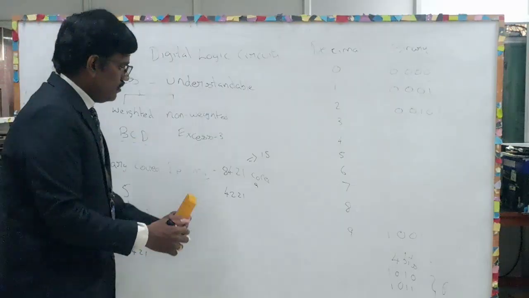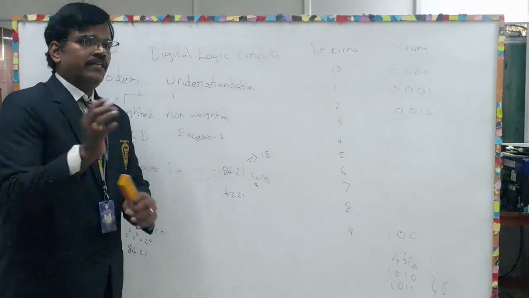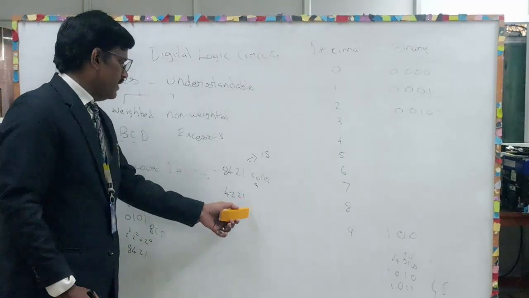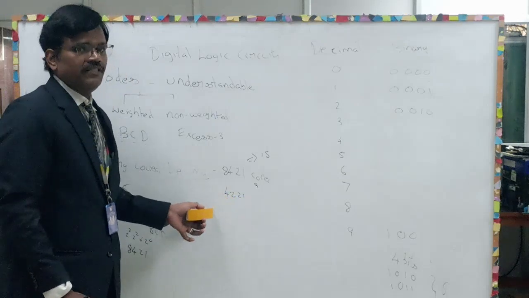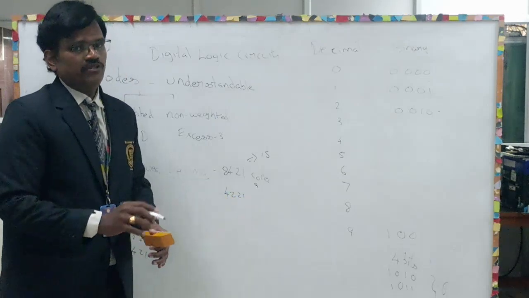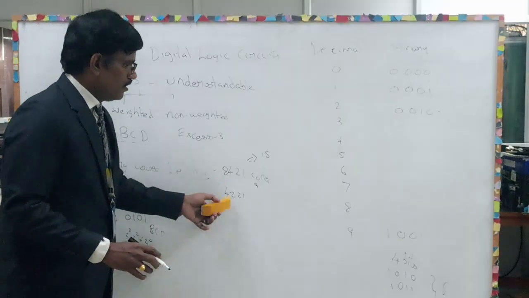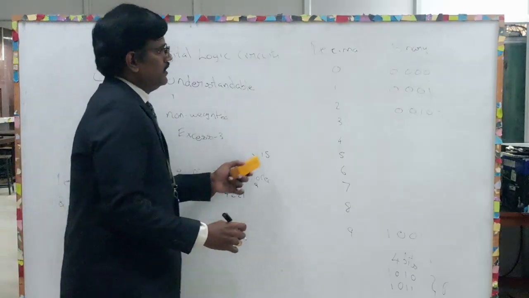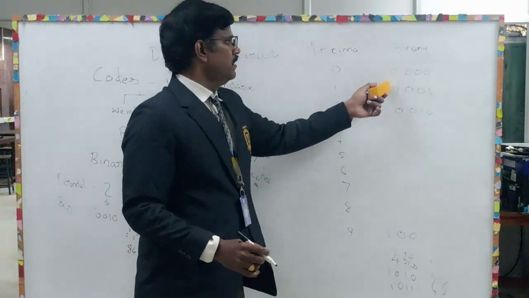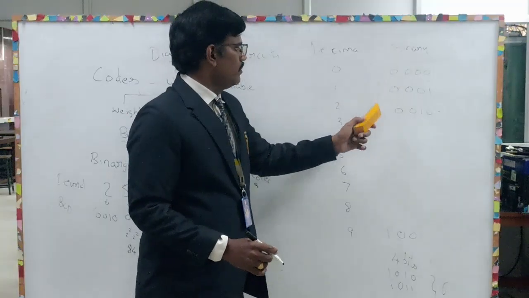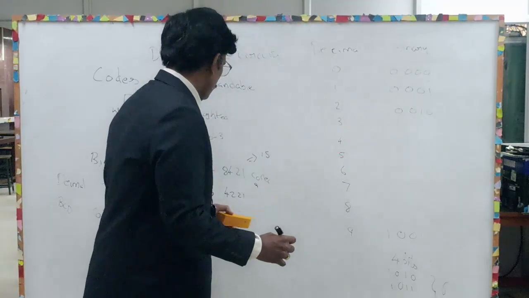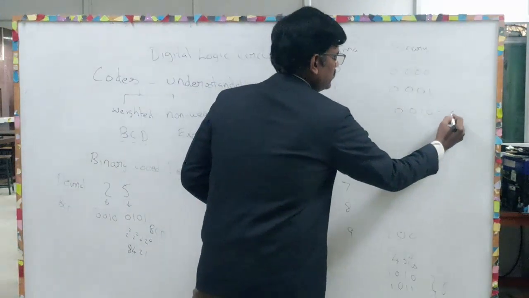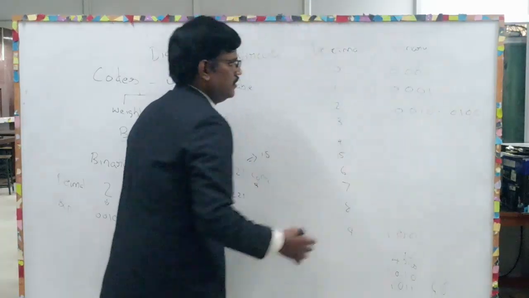So, here it is also weighted, but that weight is redistributed. This is called a redistributed weighted code. We redistribute the weights in such a way that there will not be any unused combinations. All the combinations are going to be used. So, for example, 0 will be 0, 1 will be 1, and we can have 2 available like this, or we can also have it as this combination.